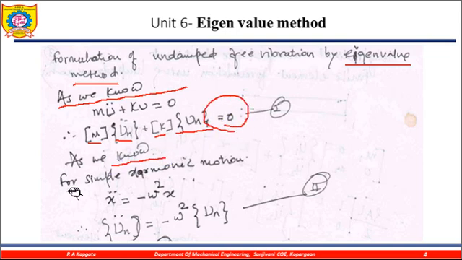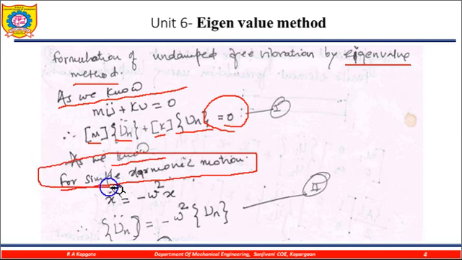We know that if we are considering simple harmonic motion, then x double dot, meaning acceleration, is equal to minus omega square into x, where x is the displacement. So acceleration is equal to minus omega square into x.